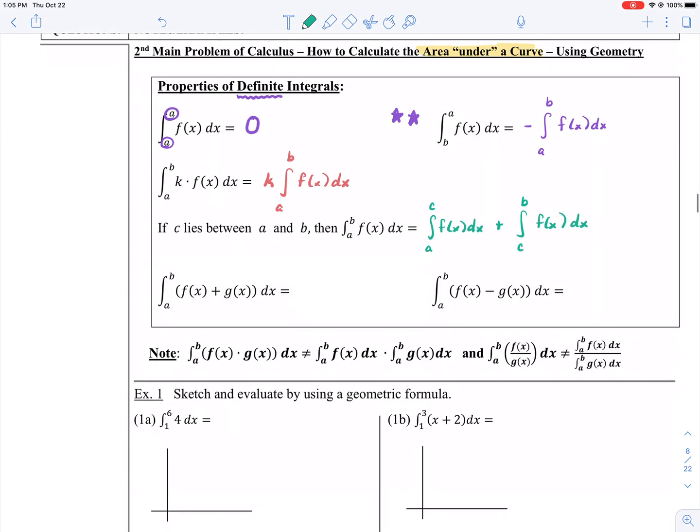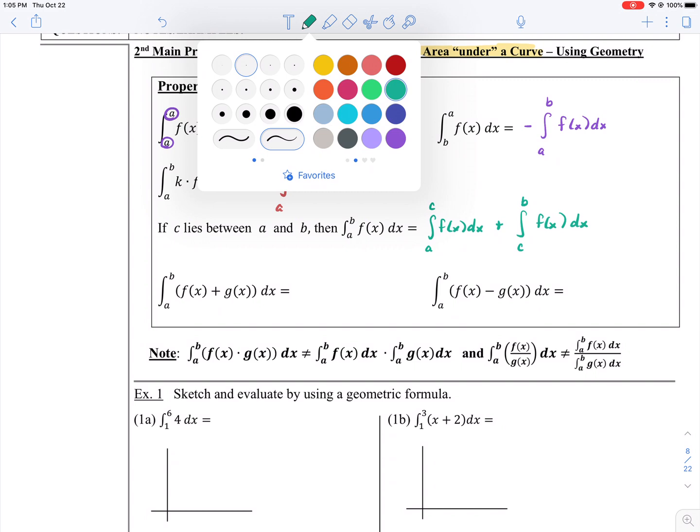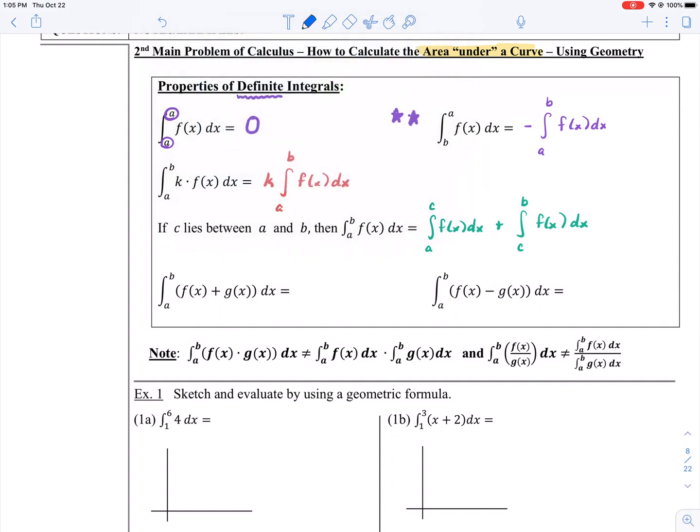And then you also have your sum and difference, that hopefully this is not news to you, that you can actually split across addition and subtraction, and you can evaluate these definite integrals separately. And then, of course, you can do the same thing on subtraction. So we can evaluate from A to B f of x dx, always got to have that dx in there, minus the integral from A to B of g of x dx.